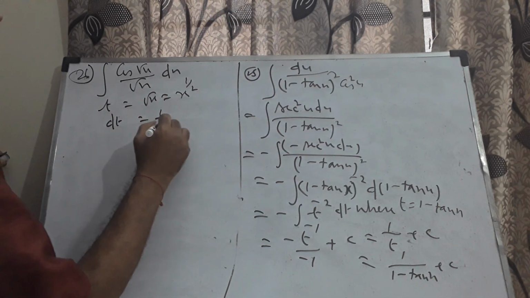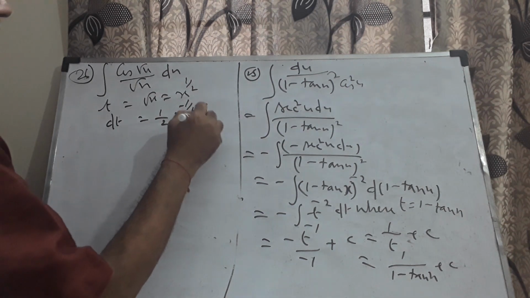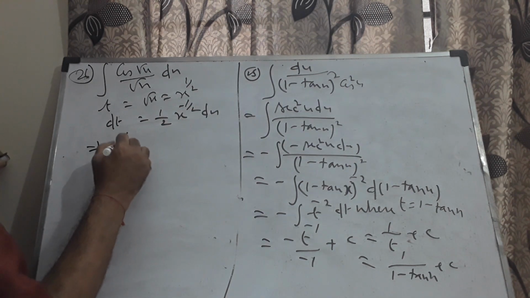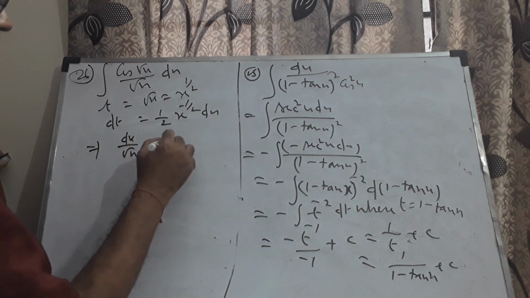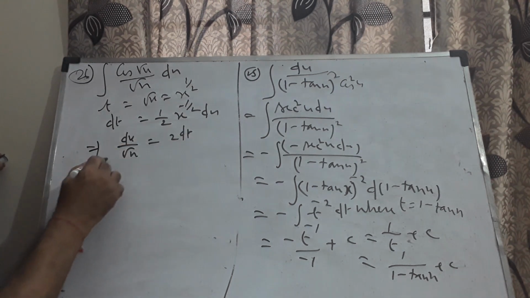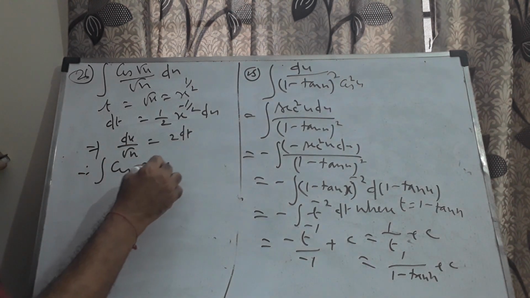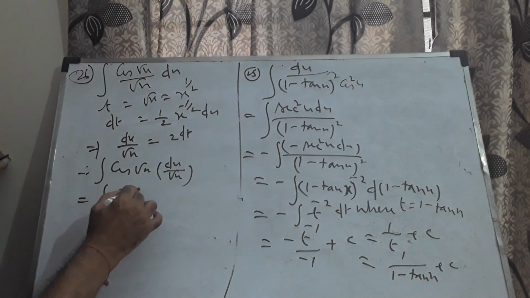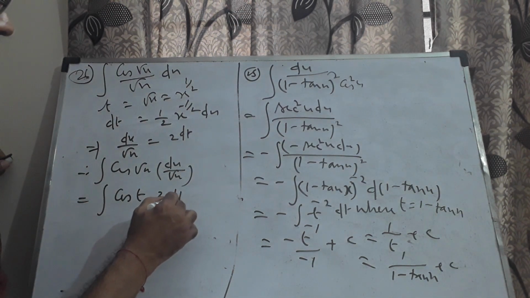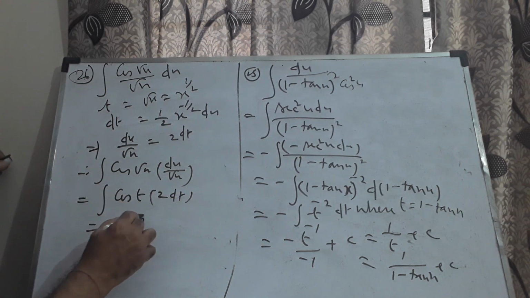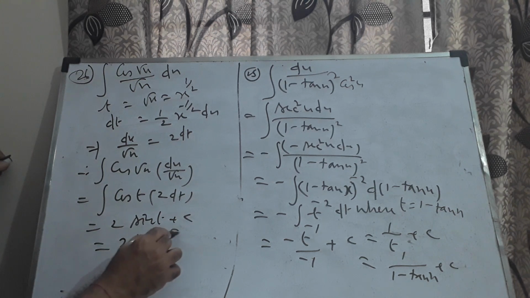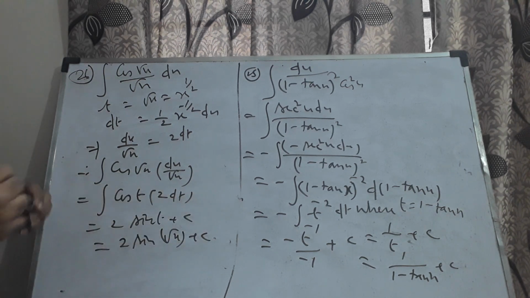Now dt becomes half x power minus half dx, which implies dx by root x happens to be 2 dt. Therefore, integral cos root x dx by root x will now become cos t 2 dt, which is 2 sin t plus c, which is 2 sin root x plus c, the final answer.